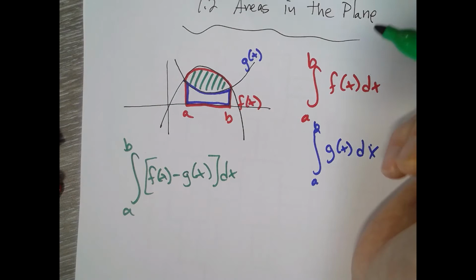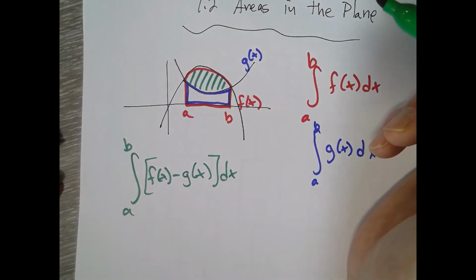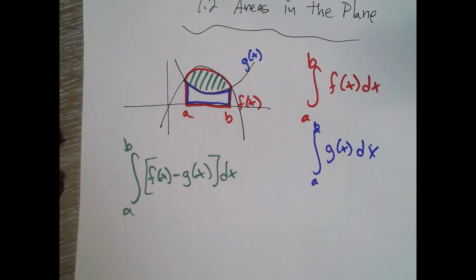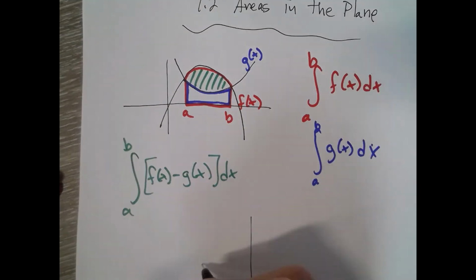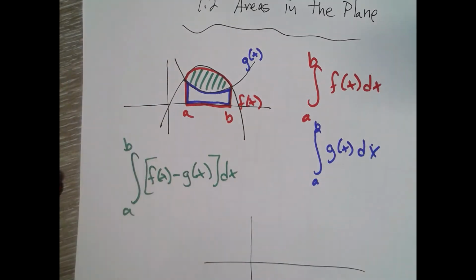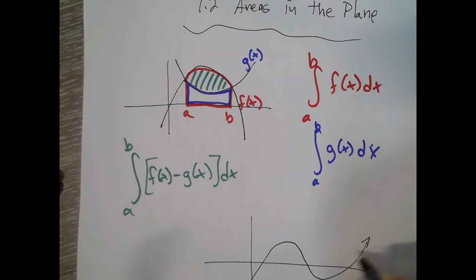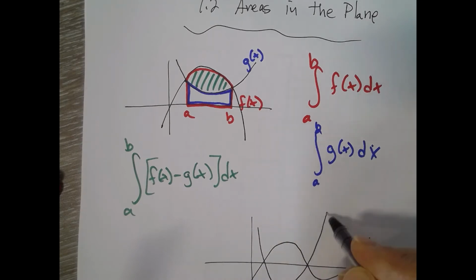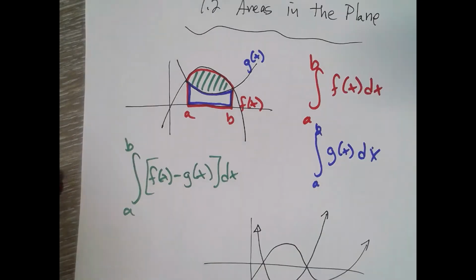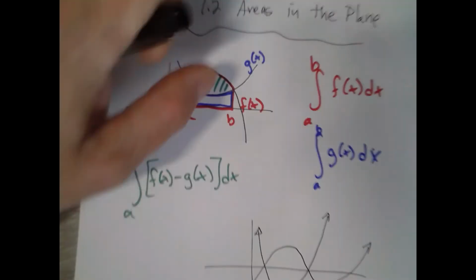That's it. So even if it went like this, where I've got this guy, can I do a top minus bottom here?